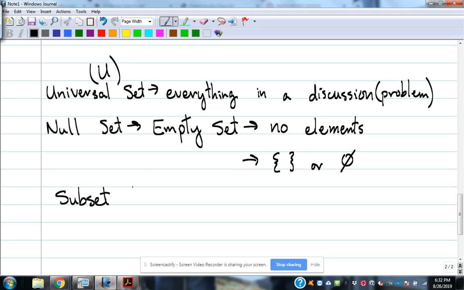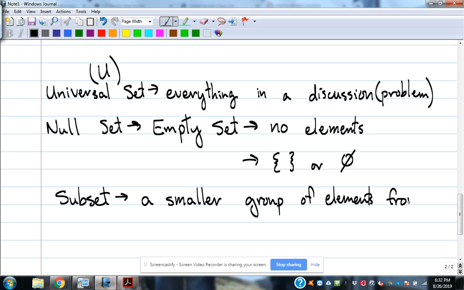Okay. All right. Another definition, real quick, is a subset. A subset, a smaller group of elements from a larger set. That makes sense, right? Smaller group of elements from a larger set. A subset is just a smaller group from that.